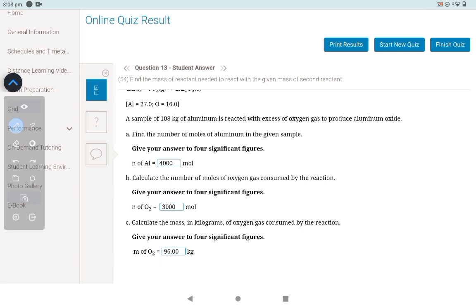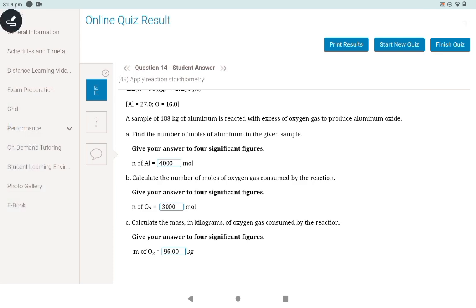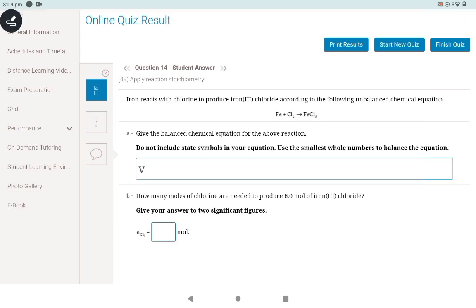So 3,000 multiplied by the molar mass, which is 16 times 2 because it's diatomic, so 32. 3,000 multiplied by 32, we get 96,000, but that's in grams, so we divide by 1,000 to make it kilograms. We get 96 kilograms, to 4 significant figures, 96.00.